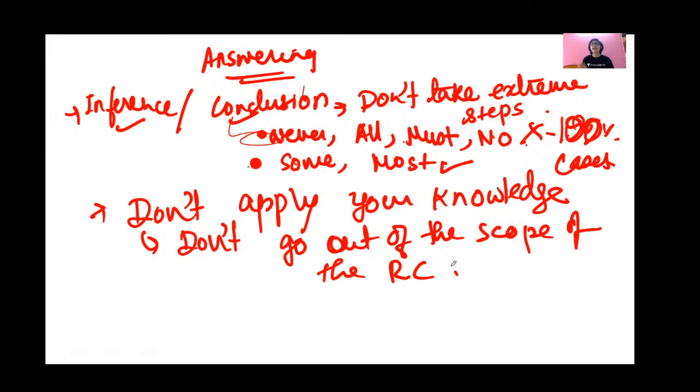Now you have been following the newspaper for these many months, and you have gathered sufficient knowledge on COVID-19. And a passage has been given to you on, suppose, COVID-19, how we can avoid it, on social distancing and all these things. Now when you answer the question, please remain within the boundary of the passage. Don't apply your knowledge in it.